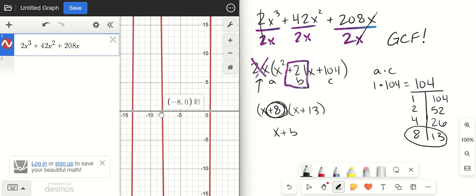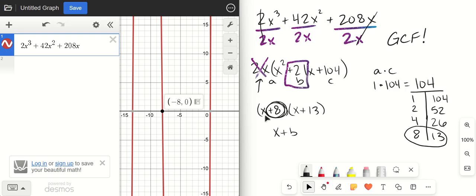And if you remember the relationship between factors and the zeros on a graph, if I get a solution of negative 8, I need to ask myself, what expression did I set equal to 0 to give me this answer? Well, that comes from setting x plus 8 equal to 0.